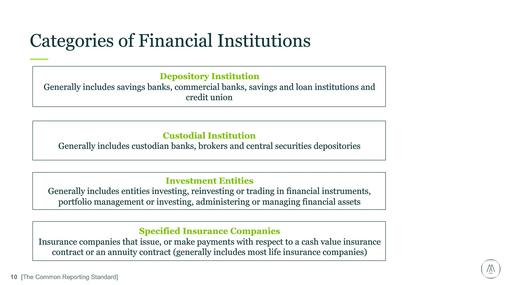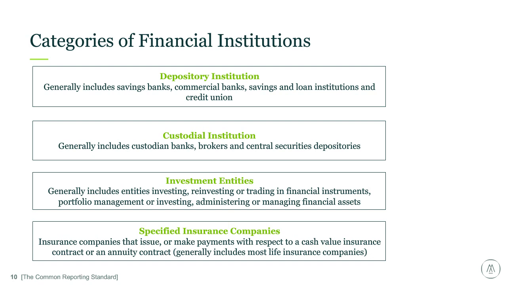They'll provide a lot more details as to what they consider a financial institution, what they consider a reportable person, and the data elements that are required for reporting. The OECD is a general framework, so it's a good starting place, but you always need to make sure that you're also in compliance with the local regulations.